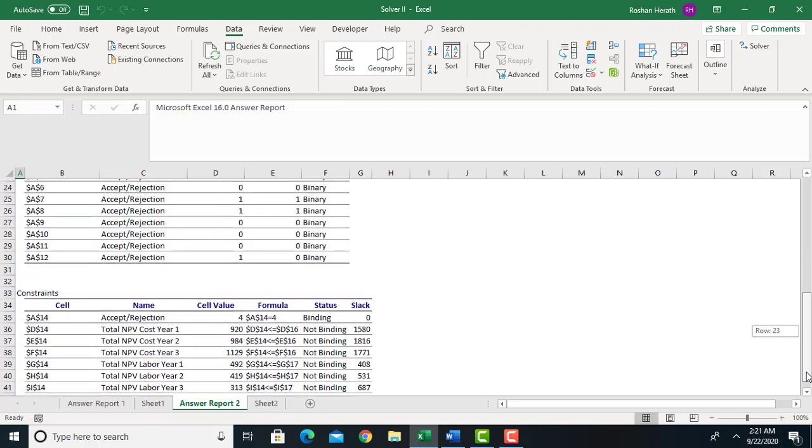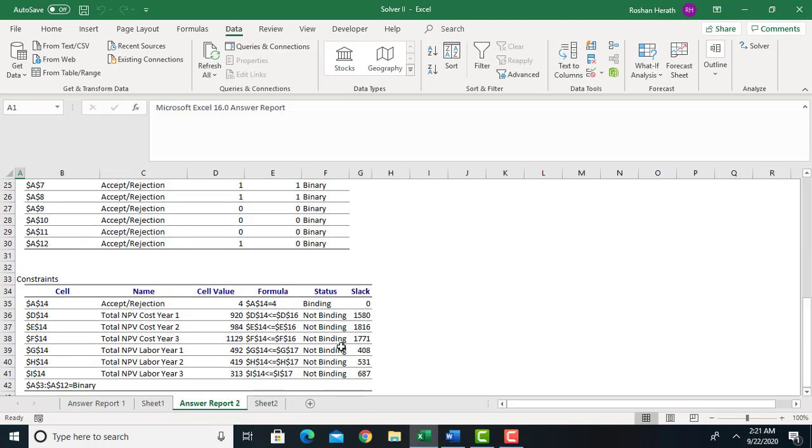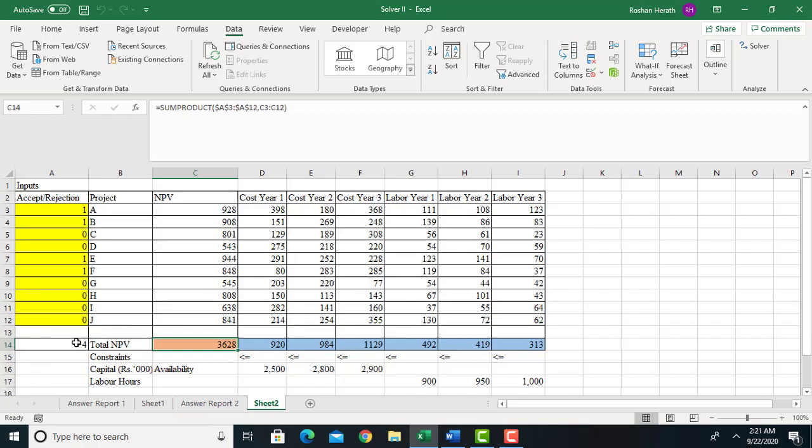As far as the constraints are concerned, almost all the constraints are non-binding. You have enough resources. The only binding constraint is the one you mentioned: you can accept a maximum of 4 projects. Money is adequately available, and so is the labor.